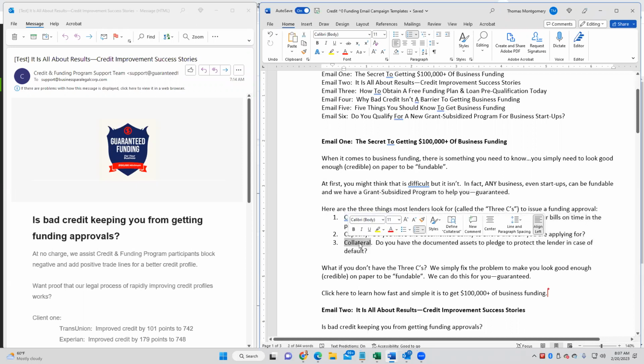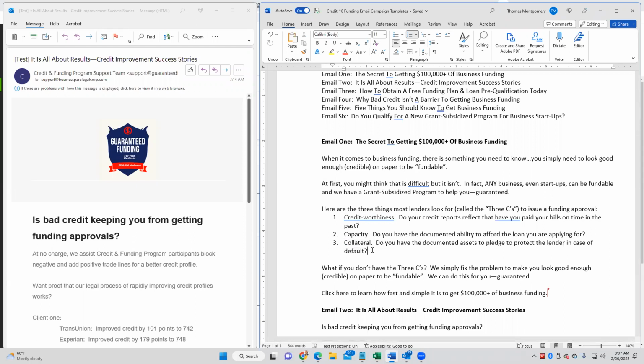The third C is collateral. Do you have the documented assets to pledge to protect the lender? Because again, I think an astute person looks at the borrowing process not only from their perspective, but also from the lender's perspective. The lender wants to know, well, does this borrower or potential borrower pay their bills on time?